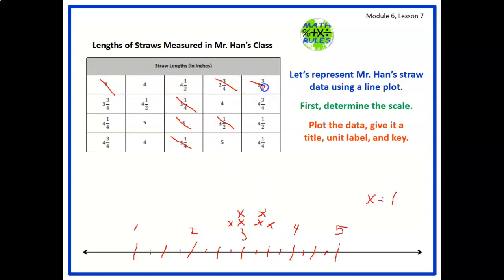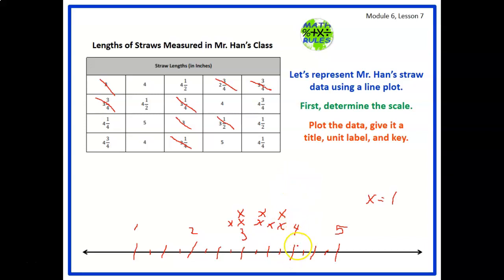So, 3 3/4. Looks like that's it. 3 3/4. I have 2 of them. There's 1, 2.